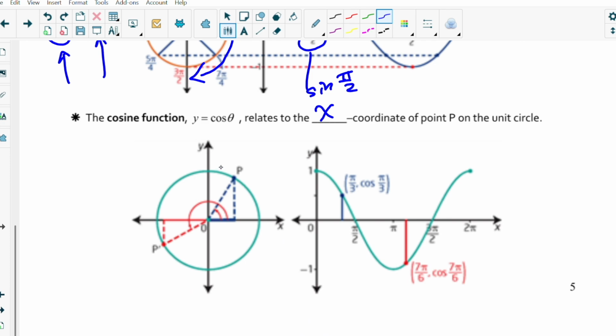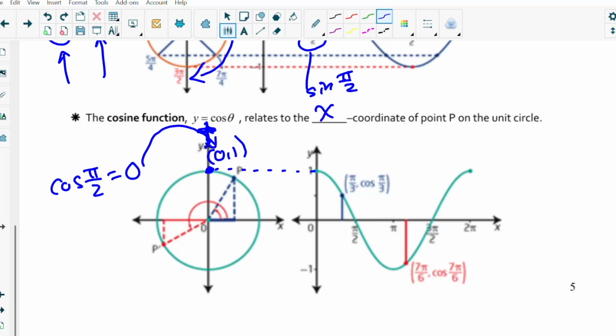Okay, if I take the same point here, this is still (0, 1), just like before, right? But on a cosine function, if I do the cosine of pi over 2, because we're at pi over 2 on this part right here, right? Cosine of pi over 2 equals 0.